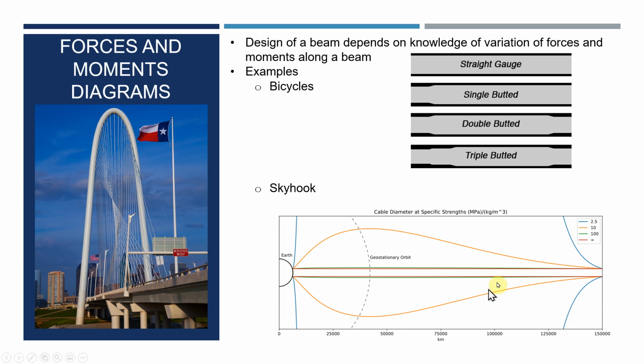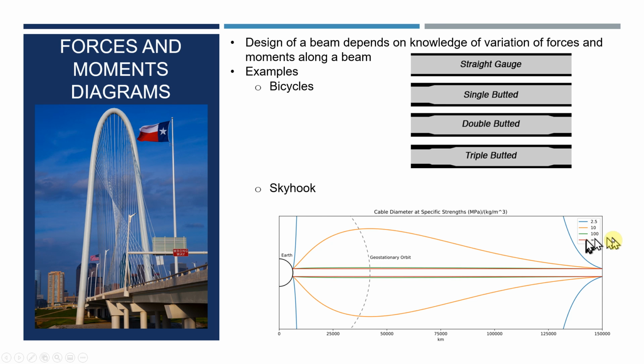away from the Earth. What's kind of amazing is if you can get 100 megapascals, kilograms per meter cubed, which is reasonable. Carbon fibers are like 600, and that's the green line here. And the red is infinity.